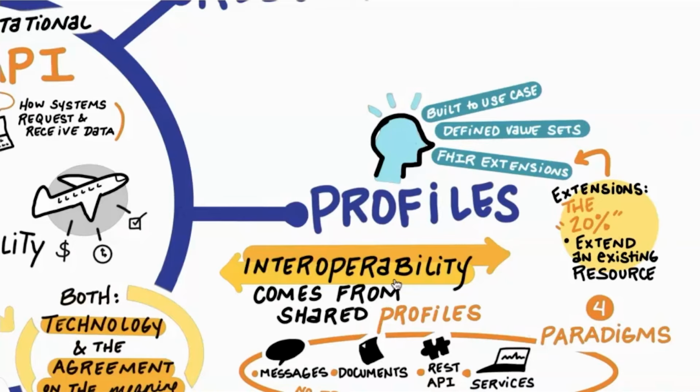And let me give you a simple example that's not exactly a clinical example, but easy to understand. A clinical example would be the same concept. So suppose you operate a clinic that does travel medicine, and you have patients coming from other countries to get care in your clinic. So you want to know what their nationality is. Well, nationality is not part of the FHIR patient resource. So you would create a nationality extension for the FHIR patient resource and use that for your travel medicine clinic to represent nationality.